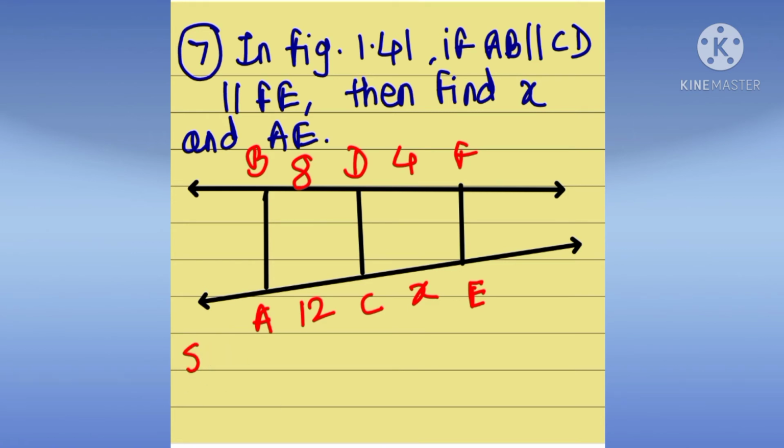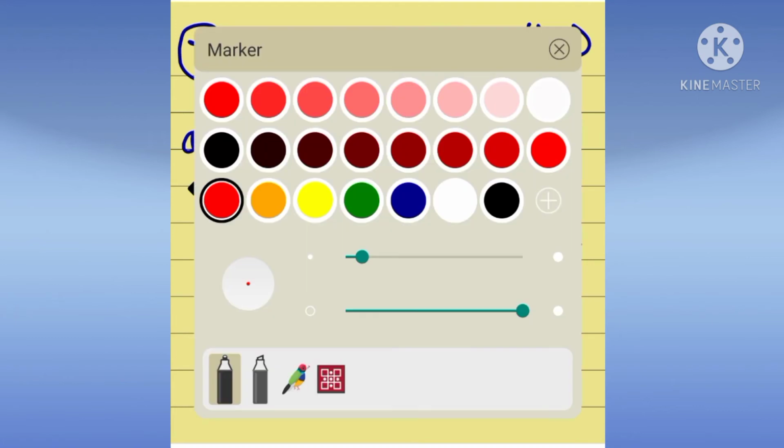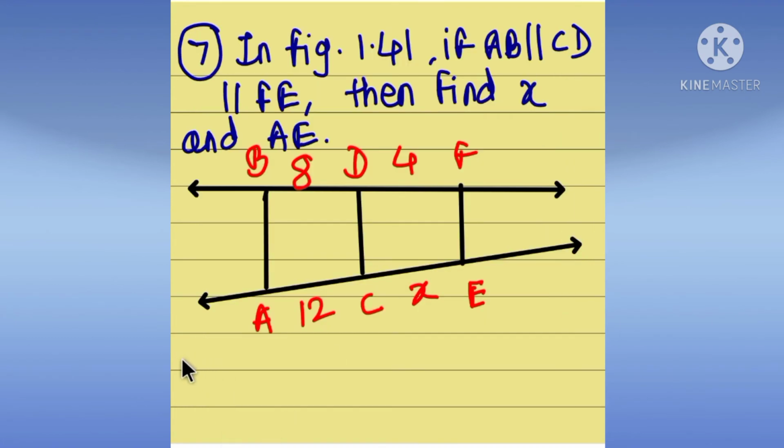First of all, we have to write why we are using the property of 3 parallel lines, so what is given and in the context that we are using that property. What is given?